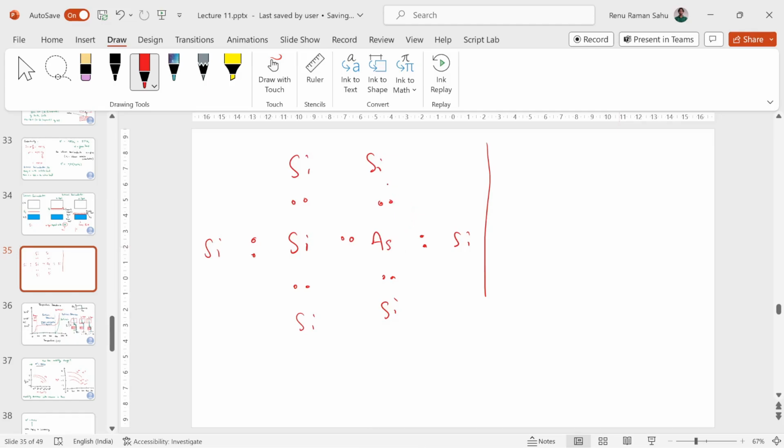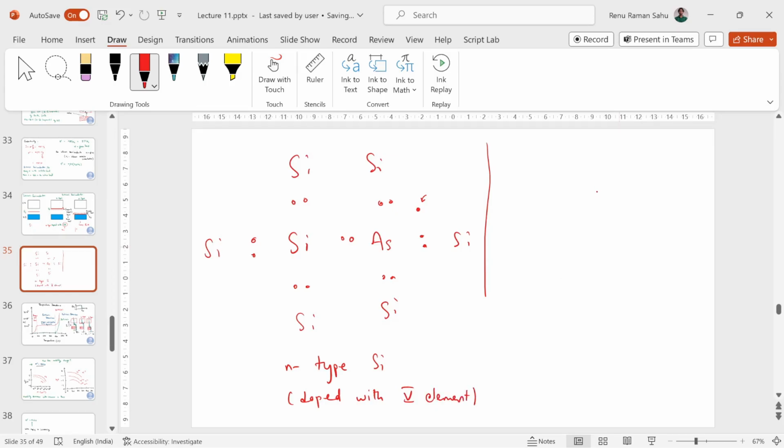Then in these bonds there will be one more extra electron which will be hanging around. So this is your n-type silicon. It is doped with arsenic, an element from group 5.